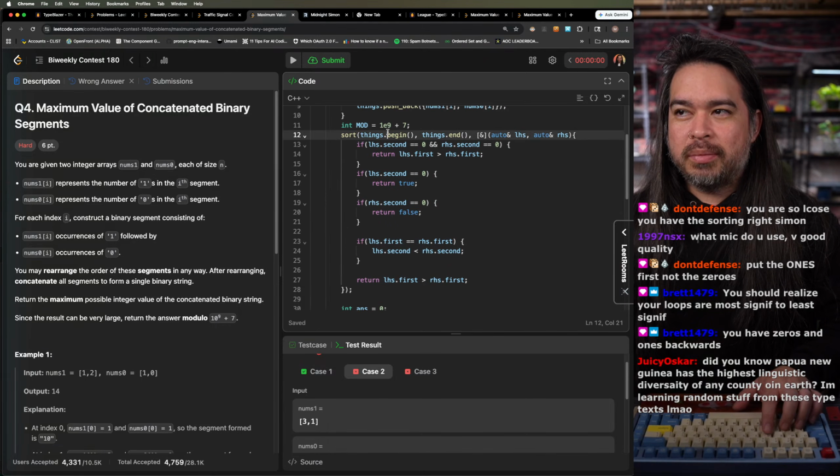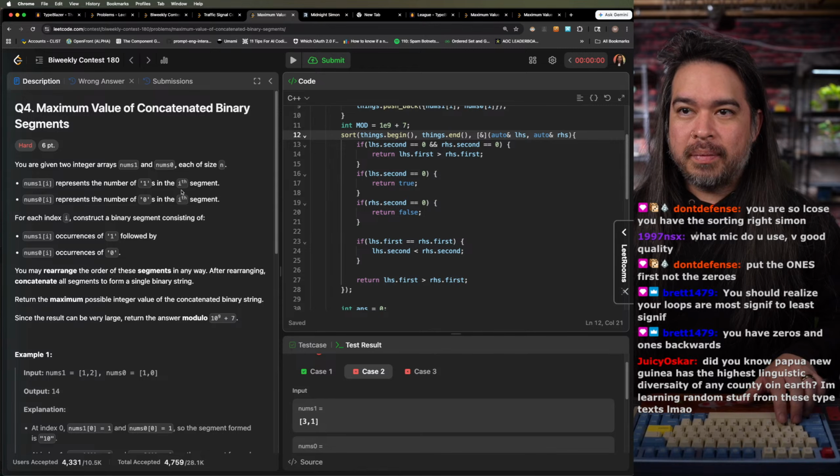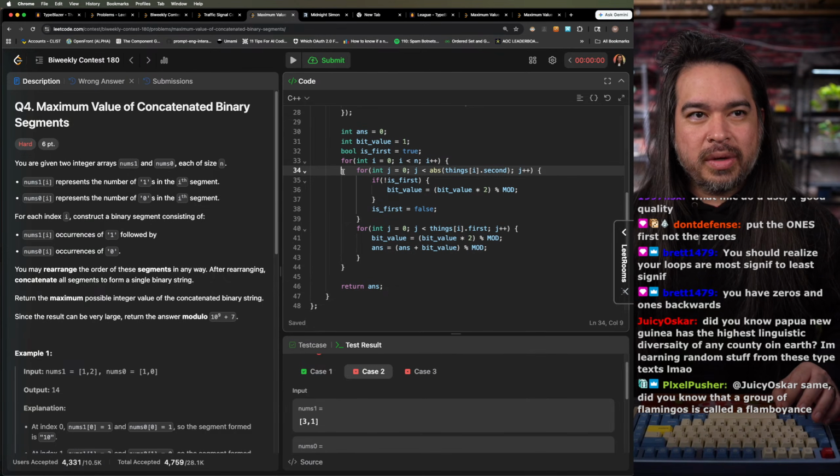Then maybe this should be reversed. No, because if the zeros come after the ones, but here I'm thinking of like, is that what's going on?